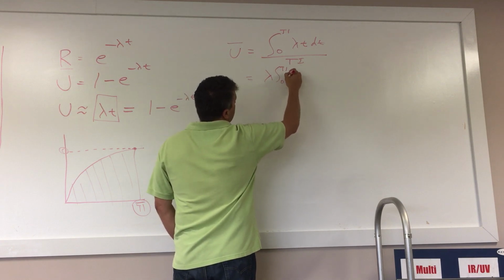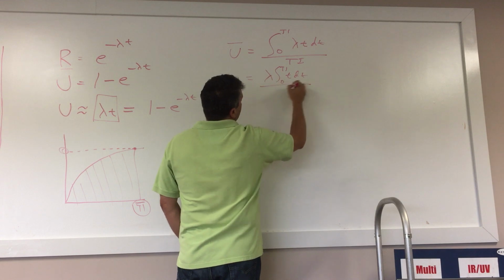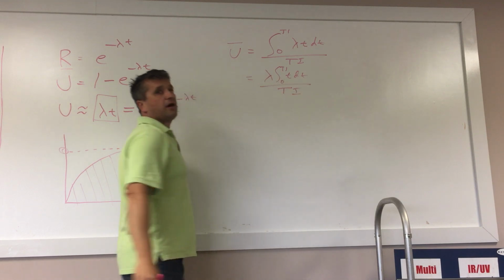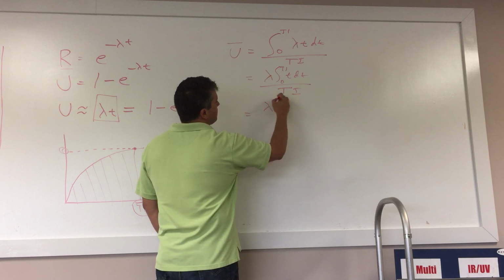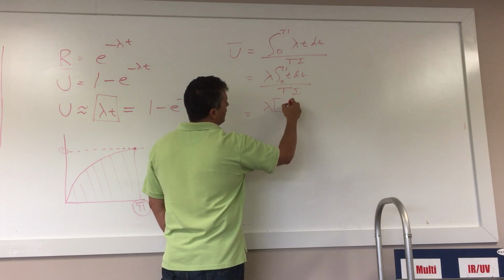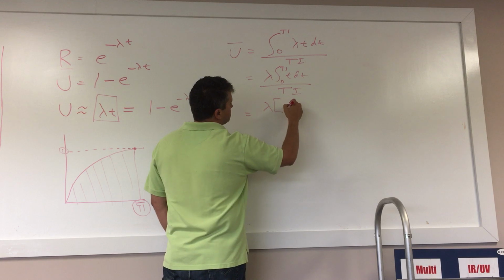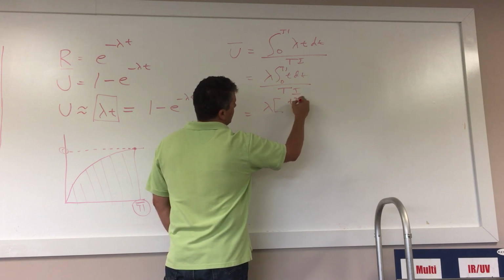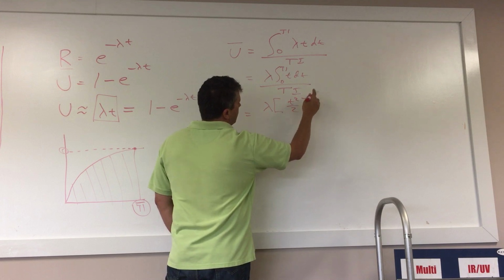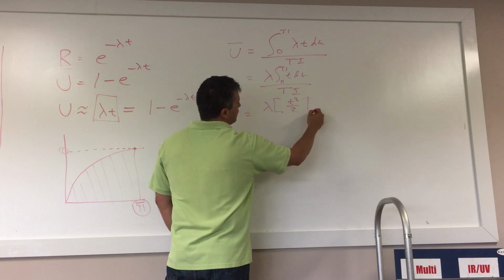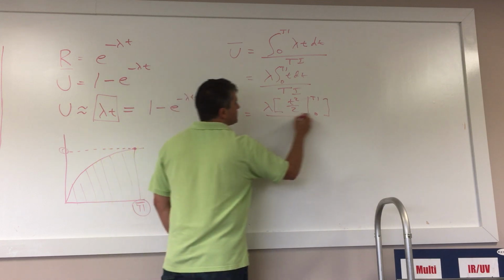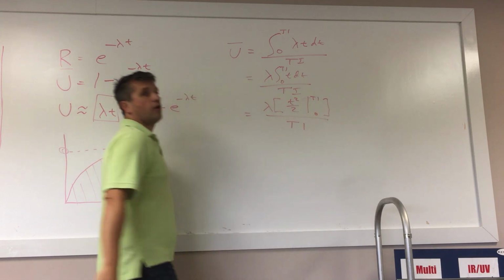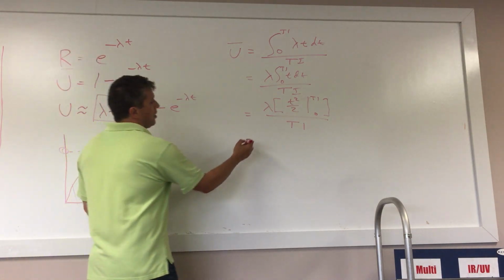So lambda times the integral from 0 to ti of t dt over ti. Then I'll do my integration, and that's going to be lambda times the quantity of t squared over 2, evaluated from 0 to the test interval, all of this again over the test interval.